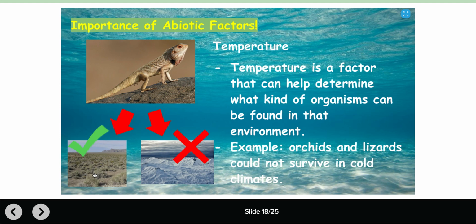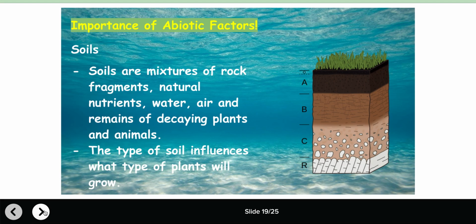It's just dirt that's not very nutrient rich, because these plants don't need as much nutrients, they don't need as much water. It's not as plentiful, but these plants are able to survive that harsh environment, just like the reptiles. Okay, so depending on what kind of soil you have will help you determine what kind of plants you're going to be able to grow.